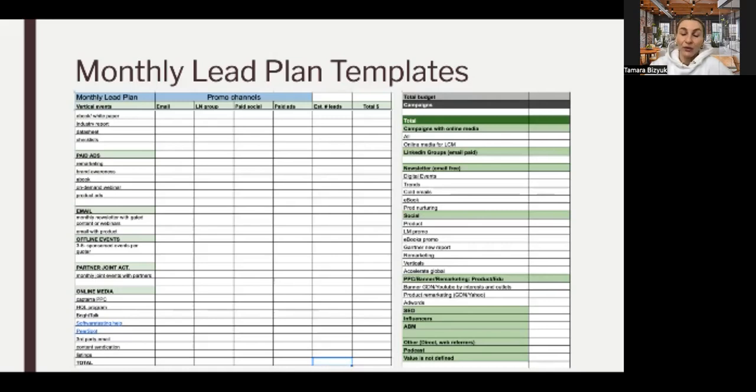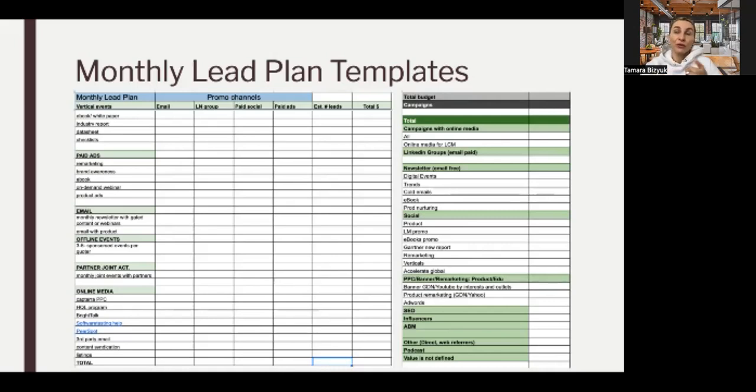Events, offline and online events, like virtual and on-site. For example, with virtual events like webinars, you can also see how you can promote the webinar, this campaign, to generate leads.